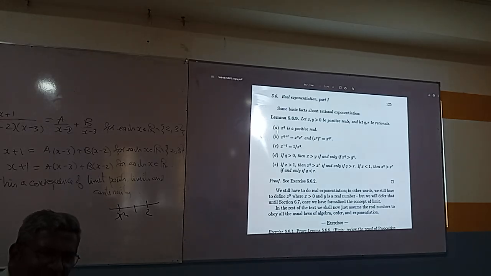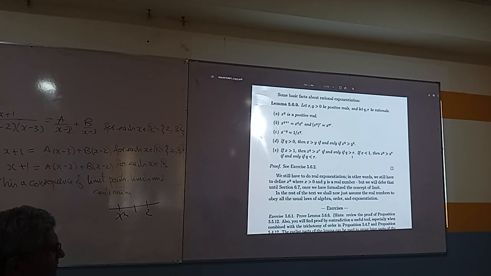But from a calculator or computer, you can compute it. That's all. In the rest of the text, we shall now just assume the real numbers obey all the usual laws of algebra, order and exponentiation.